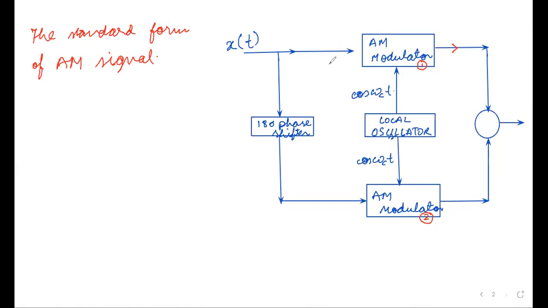Whatever the signal here, I am denoting it as x1(t). And here after 180-degree phase shifting, we are getting a signal as x2(t).